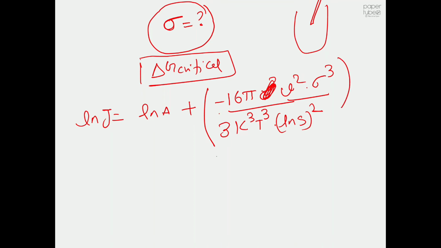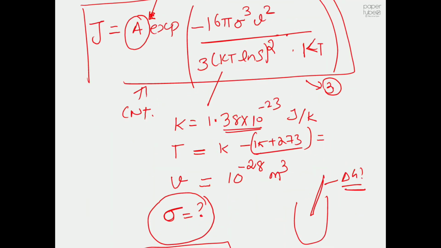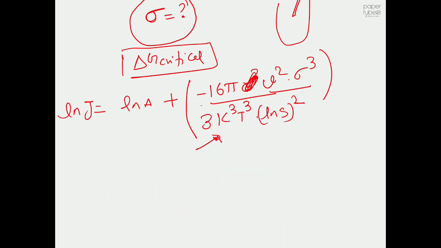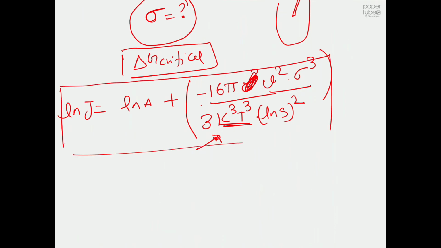If you expand, you will get this value. You already have a 3k squared T squared multiplied by kT, so that will be k cubed and T cubed in the denominator. This is a basic simple formula.